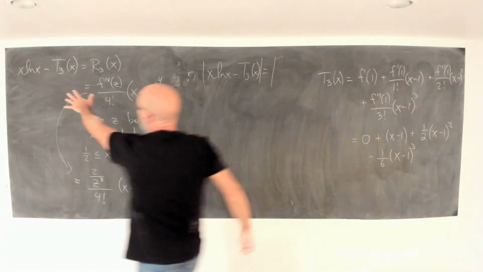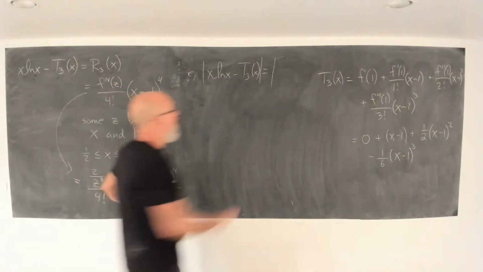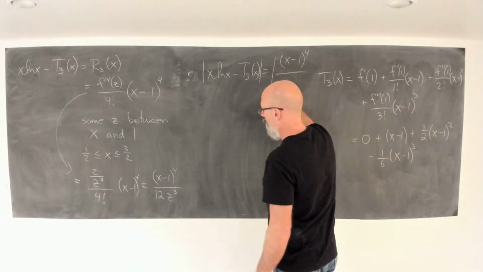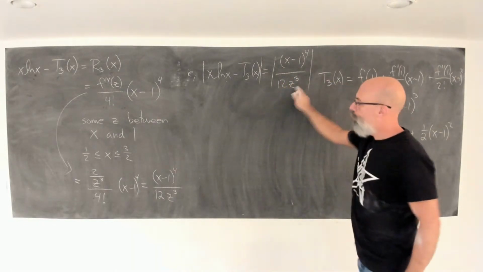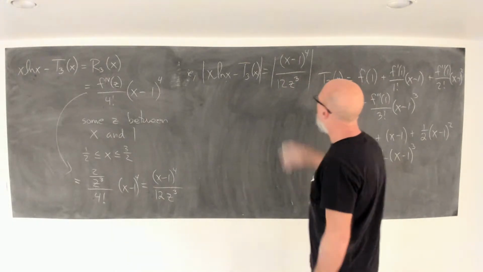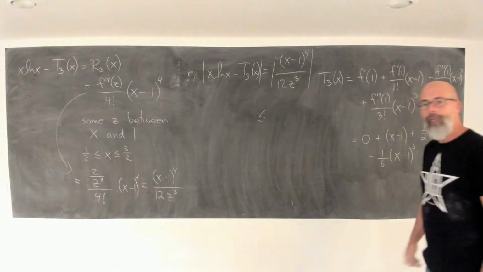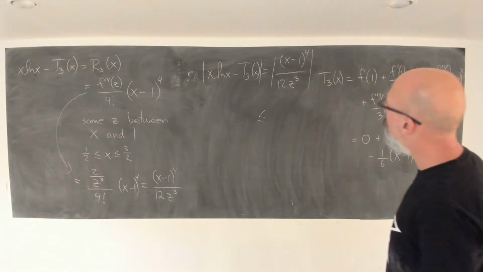Right, so this difference is equal to this, for some z between x and 1. So how large does this get? That's the real question. How large does this get?